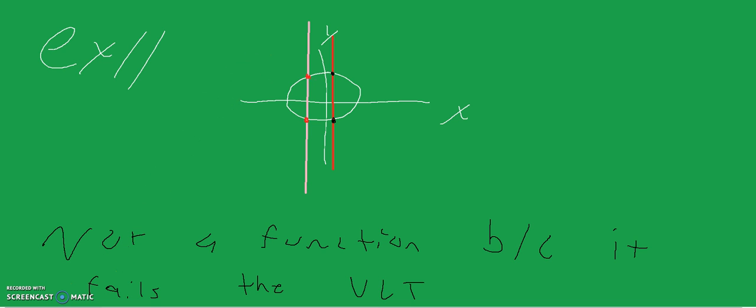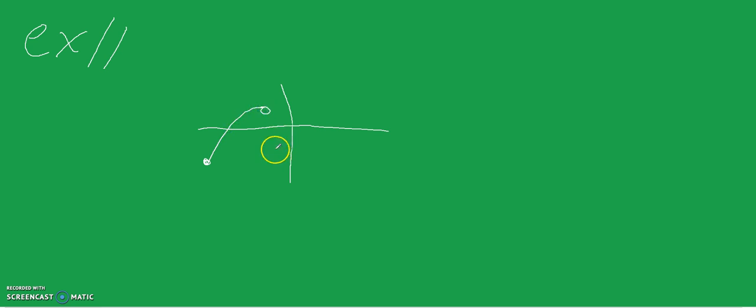Alright, let's do another one. Okay, so for this last example, I'm going to do what's called a piecewise function. So let's say my function looks like this. Something like that.